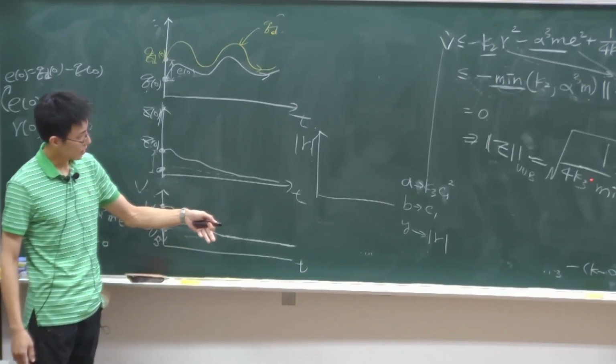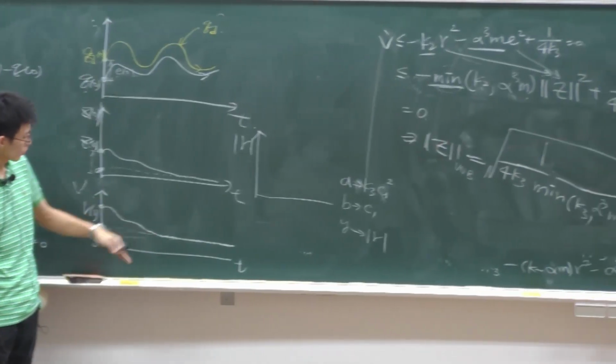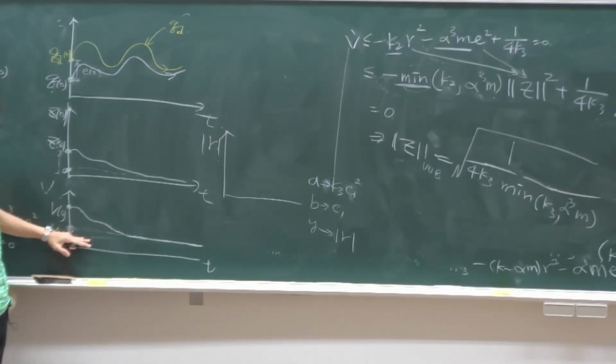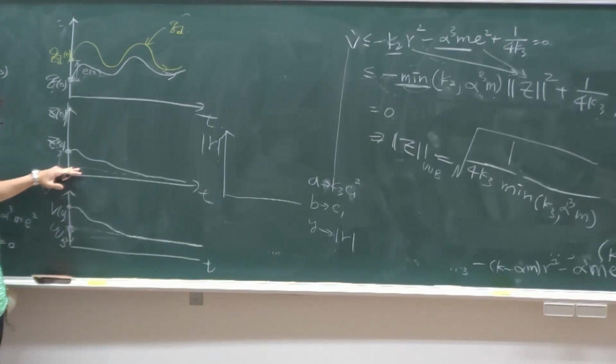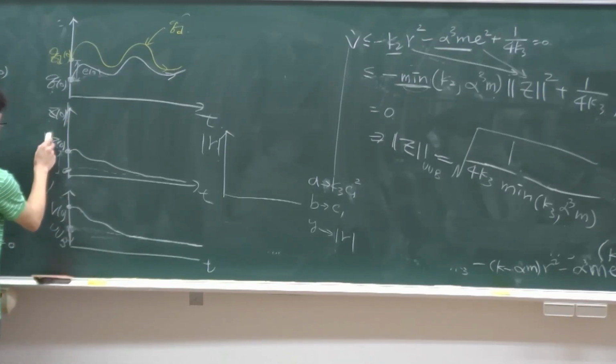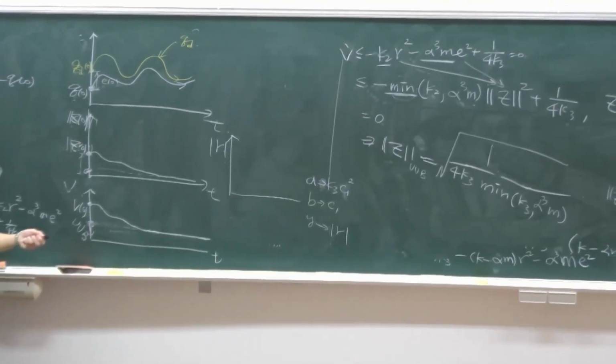So if you increase K3, this value will decrease, and the decrease of this value can also decrease this Z. So the error becomes smaller, which is good. So the larger K3, the better. This is why it's called high gain control, right? High gain control.